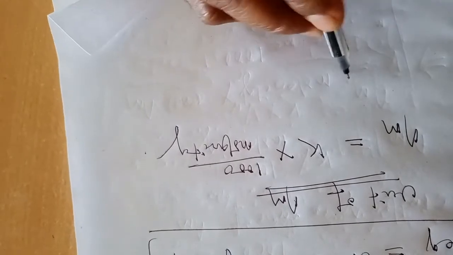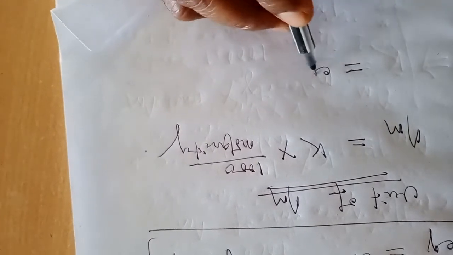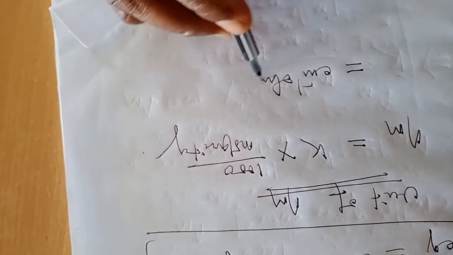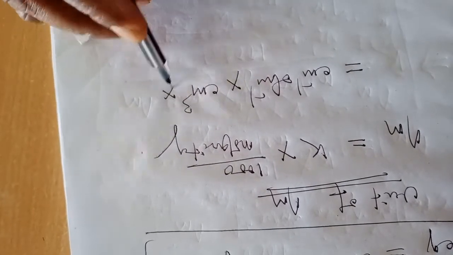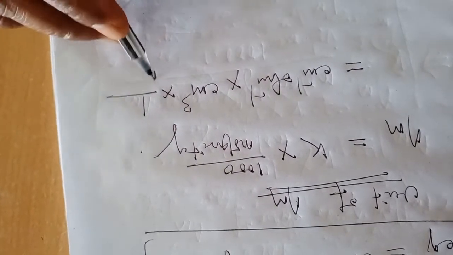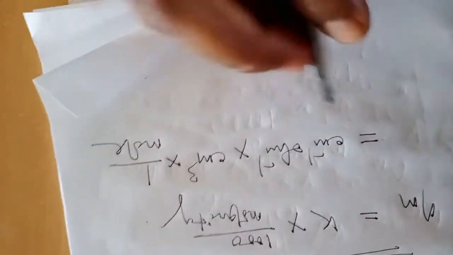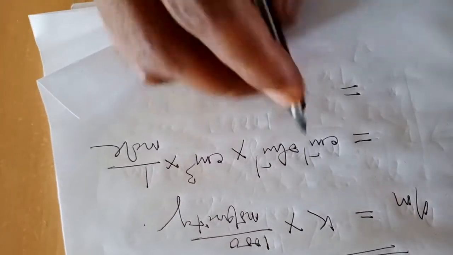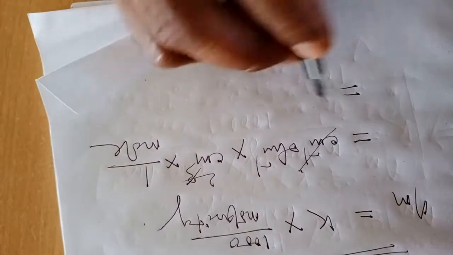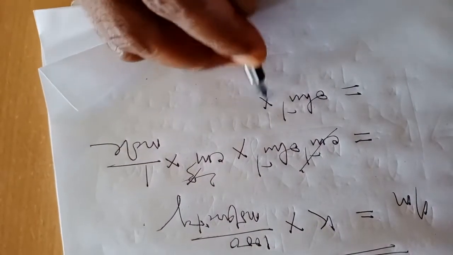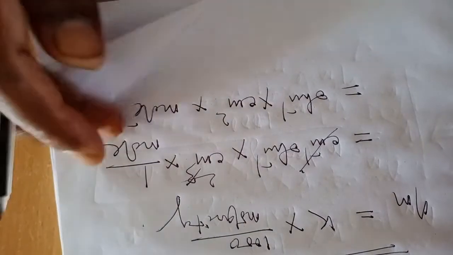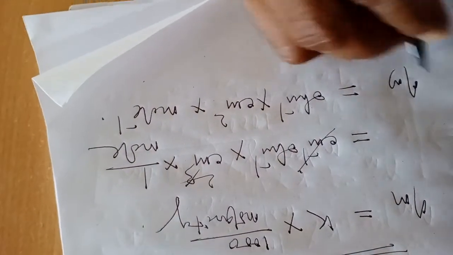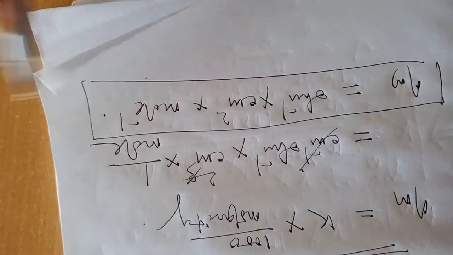So this is cm inverse ohm inverse, 1000 is cm cubed, and this is 1 by mole. So this will be ohm inverse cm square mole inverse. This is the molar conductance unit.